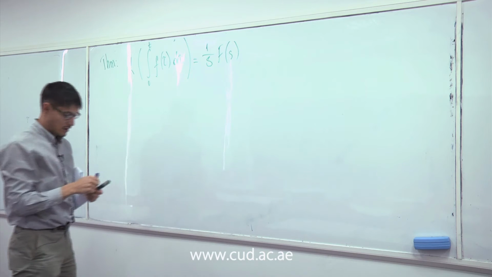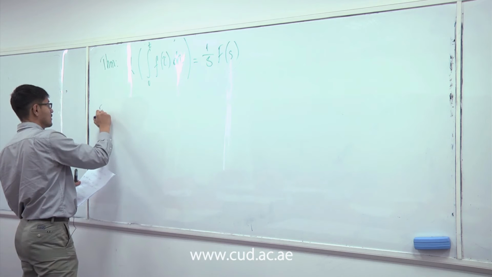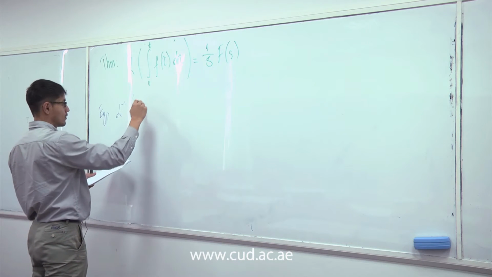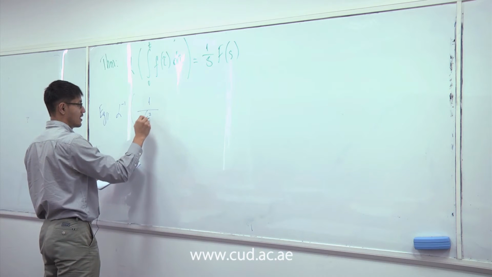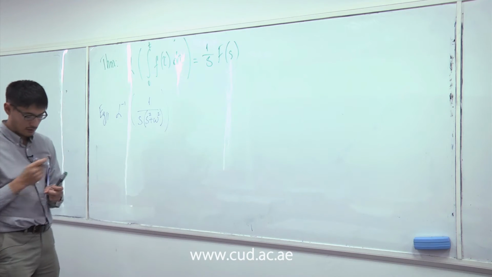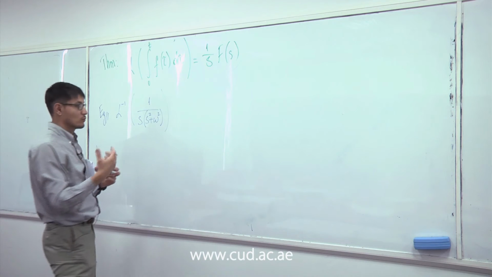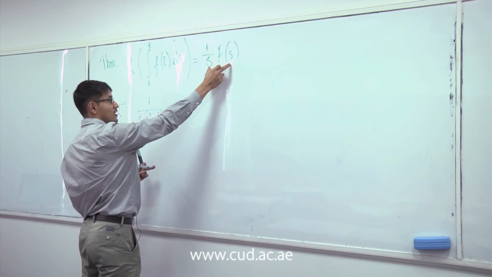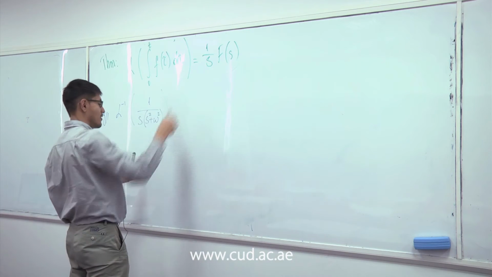Okay, so let me show you an example of what I mean exactly. So let's say you're asked to find the inverse transform of 1 over s times s squared plus omega squared. All right? So what I want you to do is think of this expression as this. Okay? So how can I make it look like this?